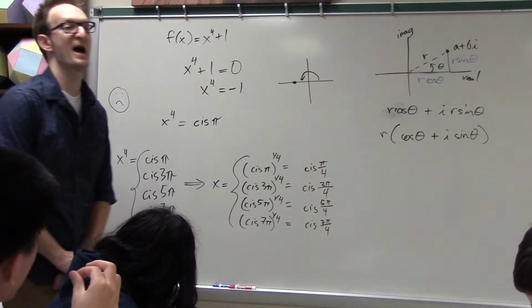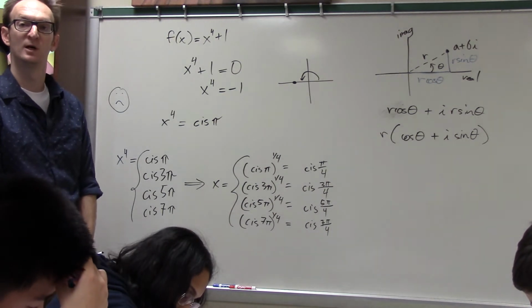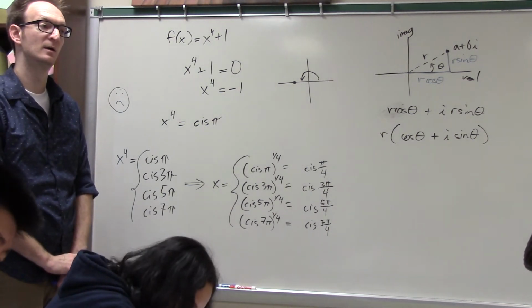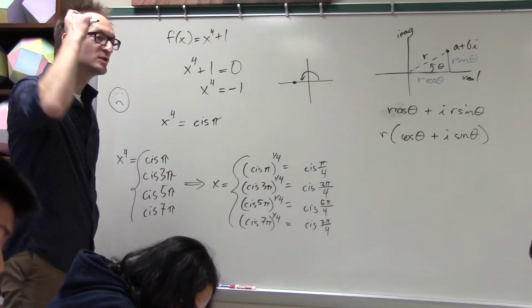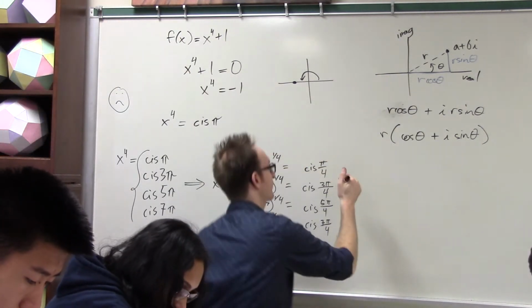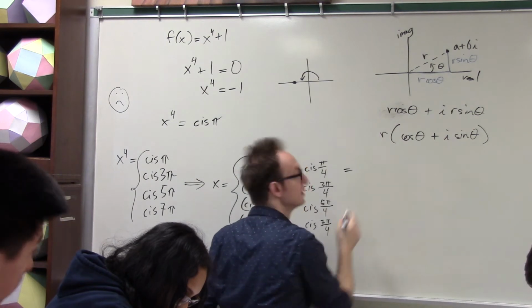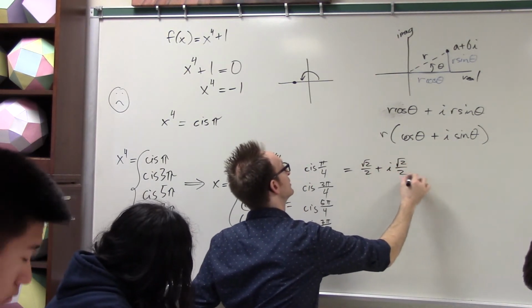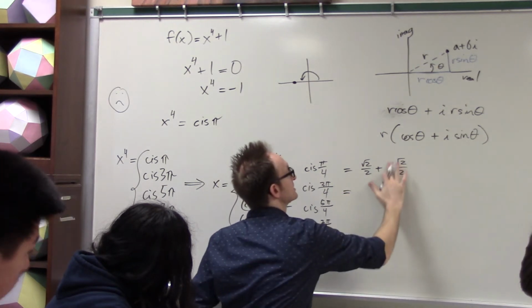And what is cis pi over 4, by the way? Just do it with the geometry. Just picture pi over 4 and give the answer. Root 2 over 2 plus i root 2 over 2.